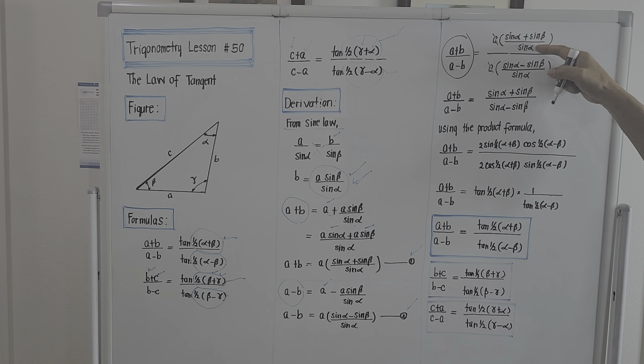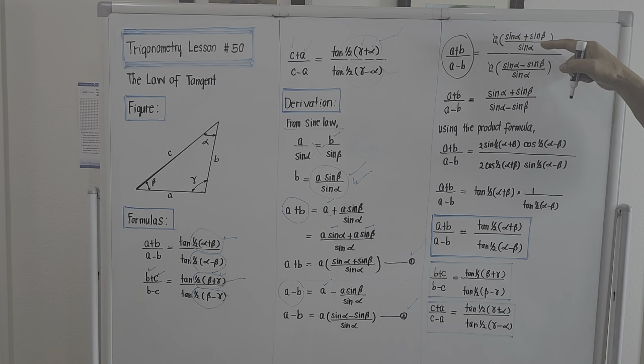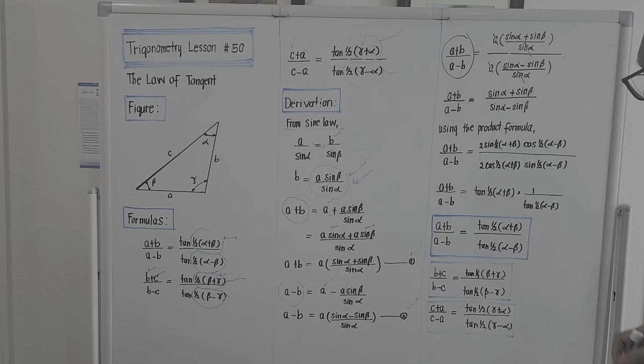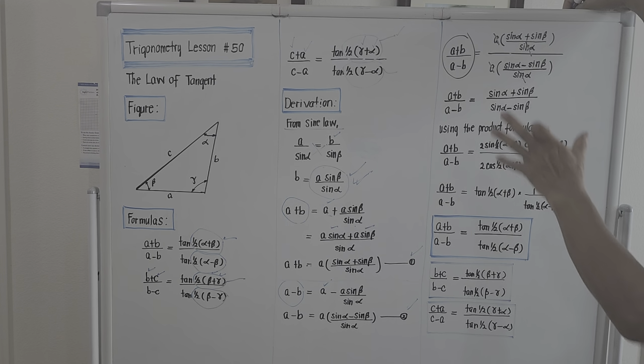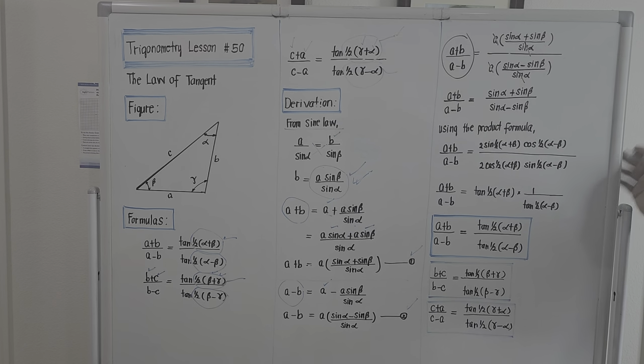The numerator has a denominator sine of alpha, and again the denominator has a denominator sine of alpha. So actually this sine of alpha cancels with it. So what will remain on the left hand side will simply be A plus B over A minus B. Am I still on camera?